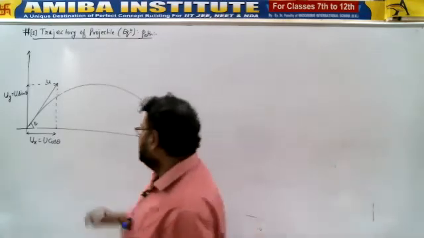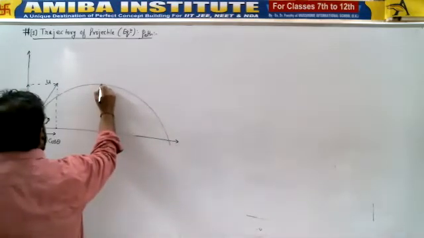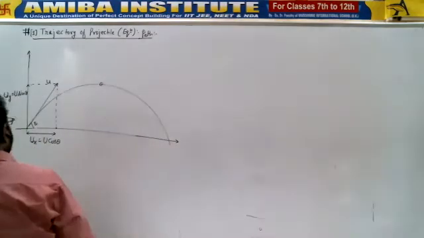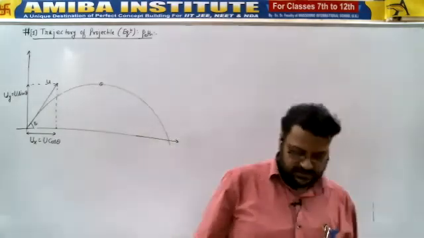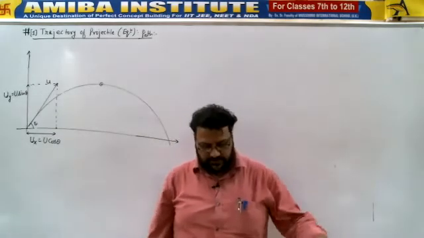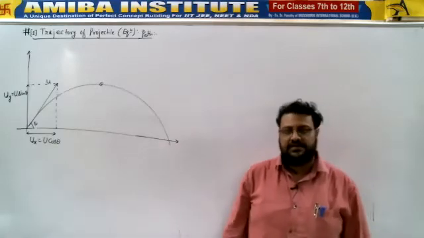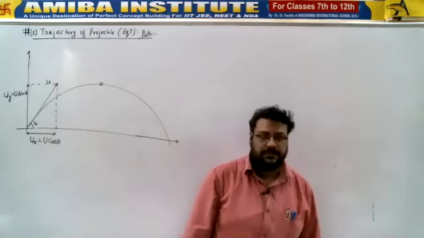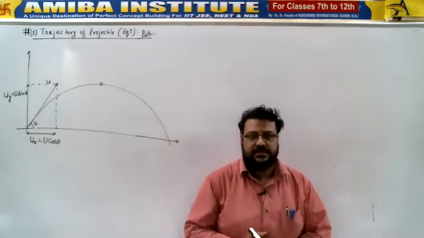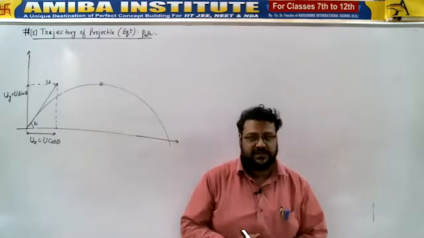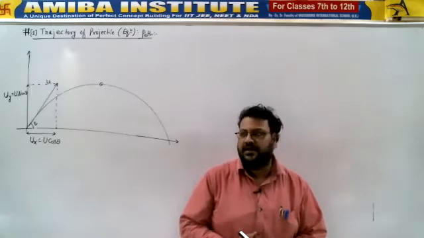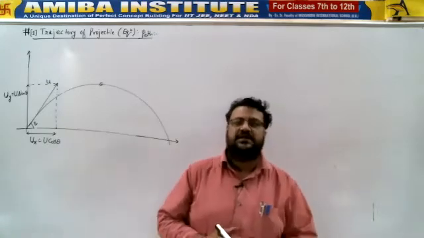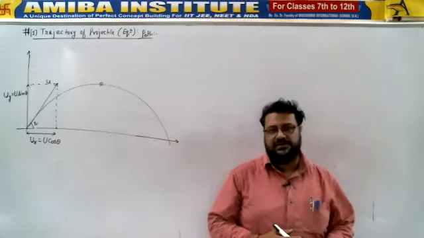So at a particular height, as it moves upward, the gravity will be continuously pulling it in the downward direction. That's why the speed of the projectile will be continuously decreasing. One time will come when the final velocity in the vertical direction will become zero.